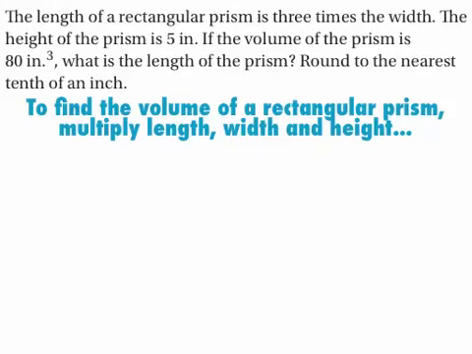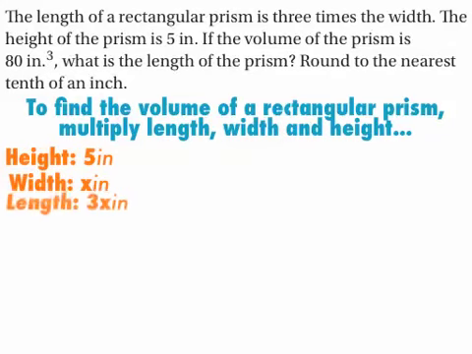So the information that they've given me in this problem, first of all, tells me outright that the height is 5 inches. Then it says the length of a rectangular prism is 3 times the width. So if I make the width of this rectangular prism x, then my length would be 3 times x, or 3 times the width. Now I need to use the volume formula, which is just length times width times height.